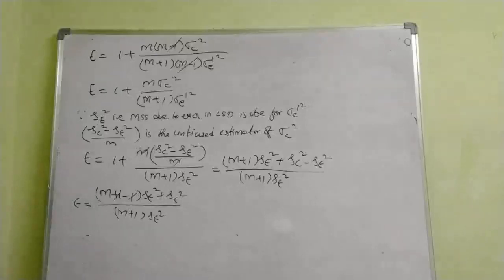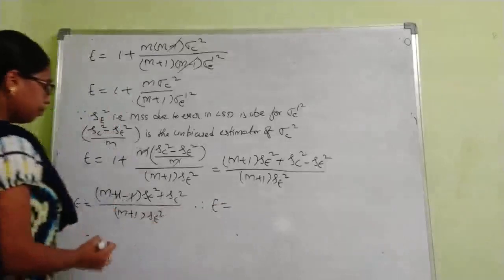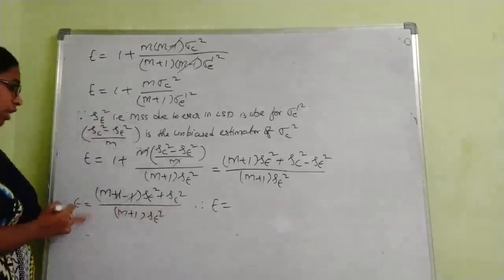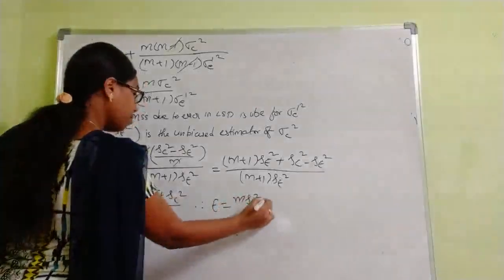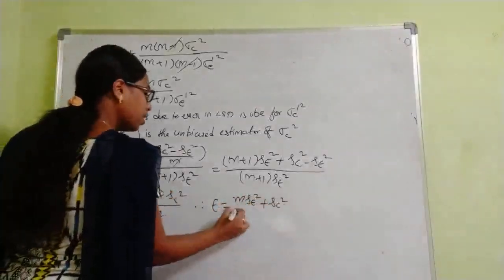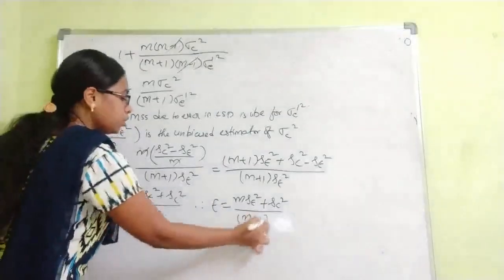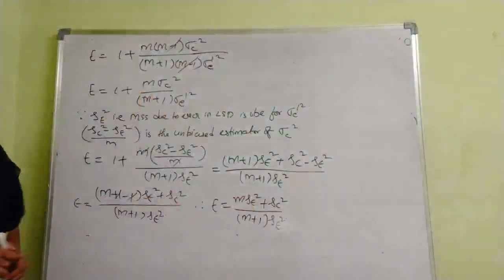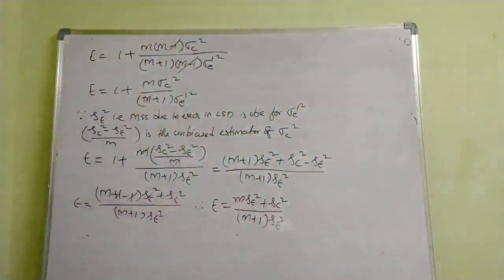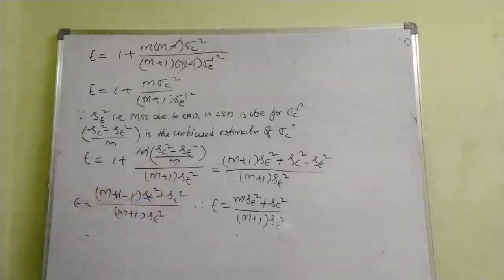Therefore the efficiency E equals m into SE square plus SC square divided by m plus 1 into SE square. So this is the efficiency of LSD over RBD when rows are assumed as blocks.